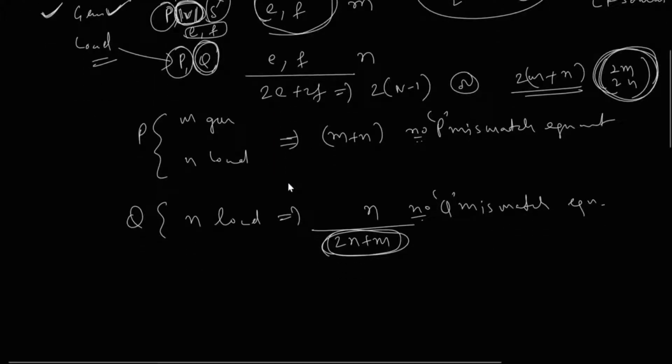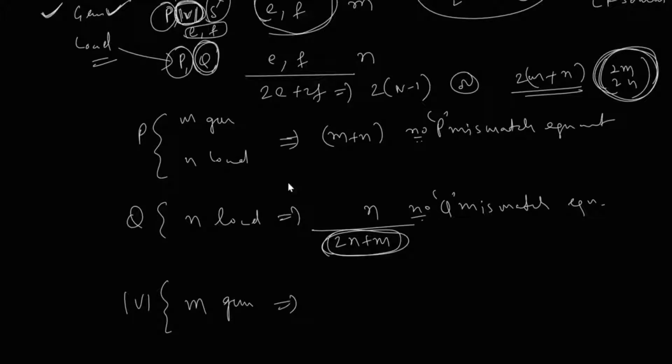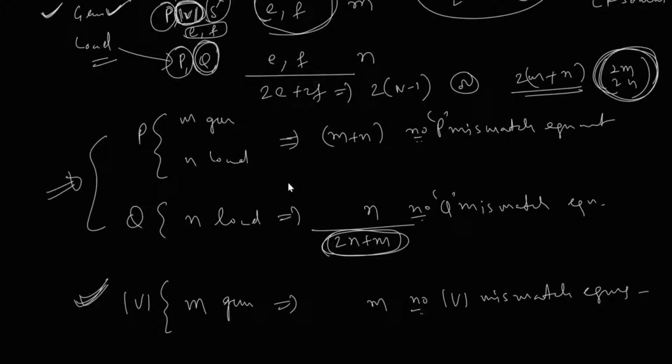Okay. So now V magnitude is specified at m generator buses. So I can write m number of voltage mismatch equations. Earlier we were using only P and Q mismatch equations, only power mismatches, in Newton-Raphson polar form, but in rectangular form we are also introducing the voltage mismatch.